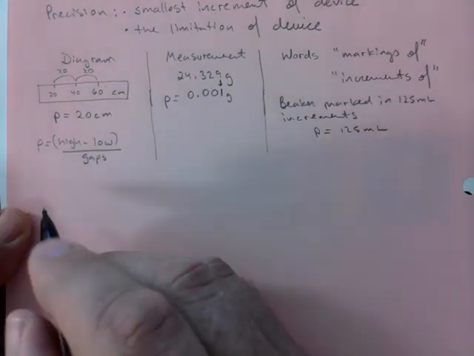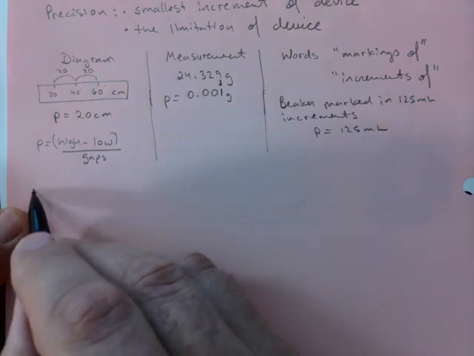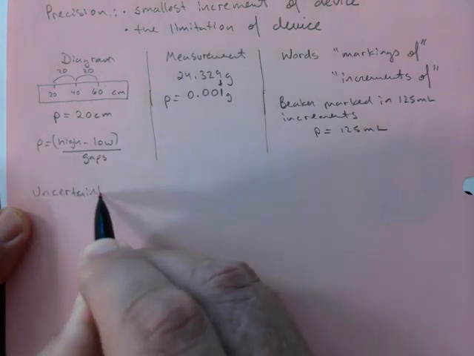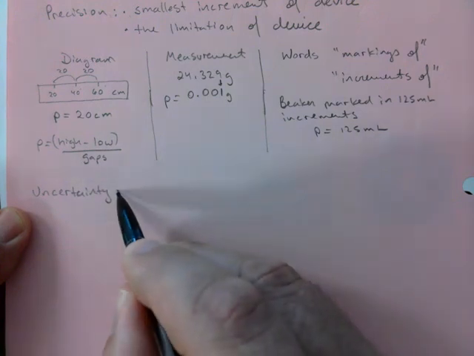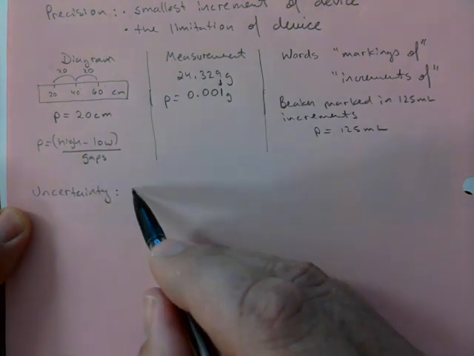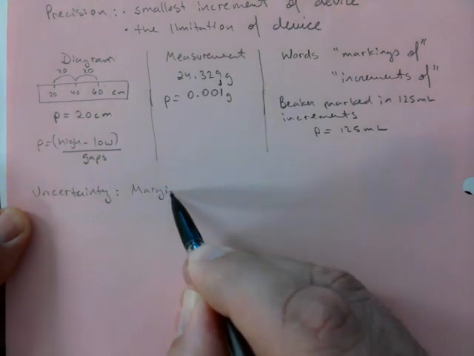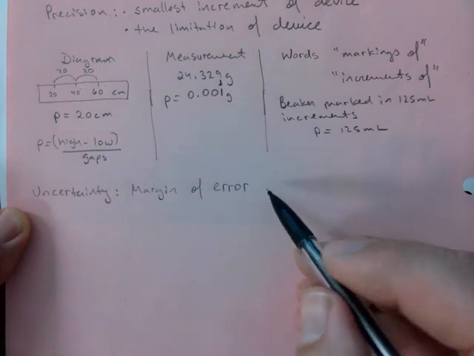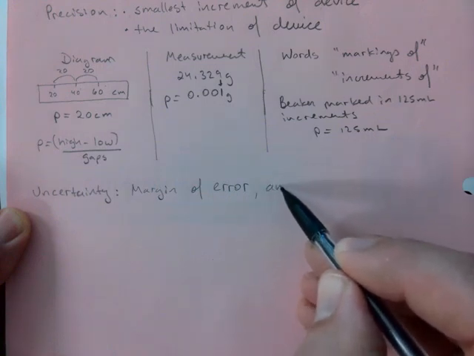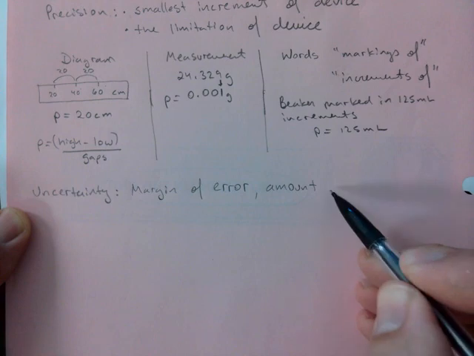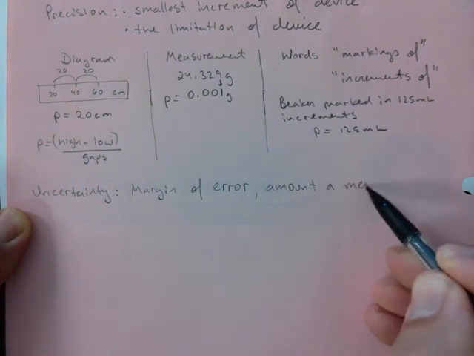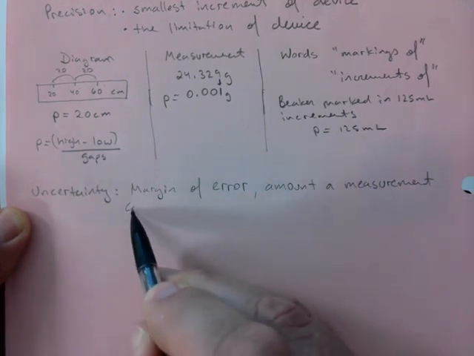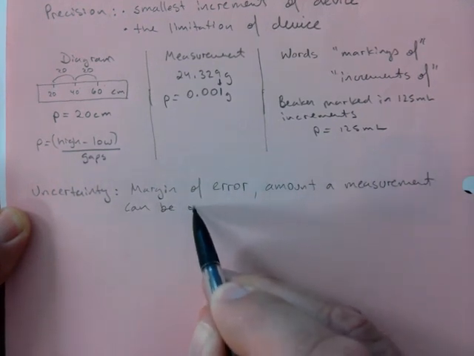And then what was the next thing after precision comes? Uncertainty. Okay, uncertainty is the margin of error, and it's the amount a measurement can be off by.